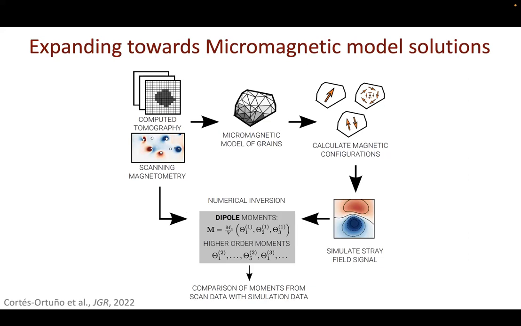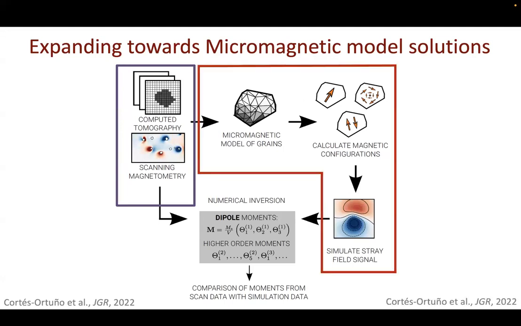we might be able to expand this towards a more fundamental rock magnetic study. Because what we did so far is we had the computed tomography, scanning magnetometry, and we calculated moments, either dipole or spherical harmonics. But what David did, he said, well, with Merrill, we can make micromagnetic models of grains.